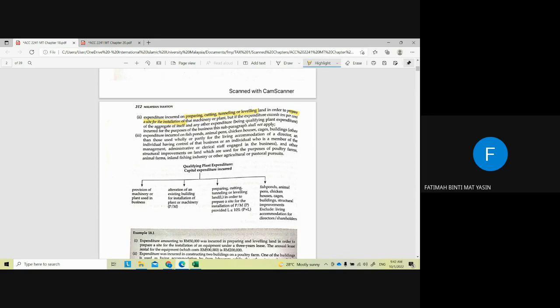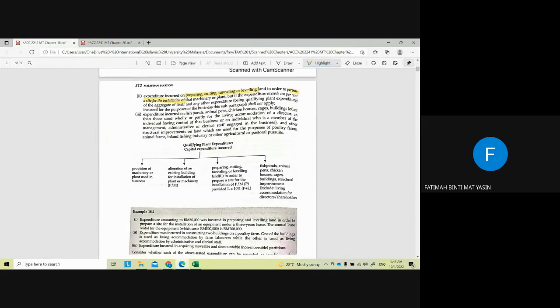Number three is specific to the agricultural business. If this business incurs these expenses, then it's also part of the QPE. We rarely test students on the agriculture business.